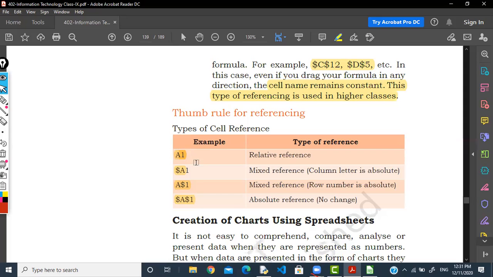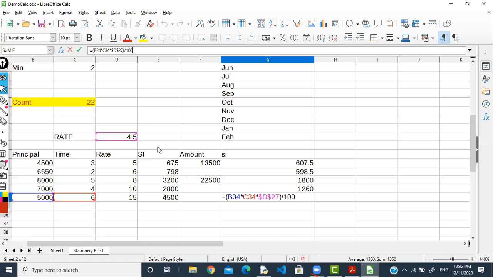In mixed, either the column is constant and the row changes, or the column changes but the row is constant. And in absolute, both are constant, so neither the column nor the row changes. So that is about cell referencing. I hope you understand how we use cell referencing in a formula, and when and where we have to use relative, mixed, or absolute cell referencing.